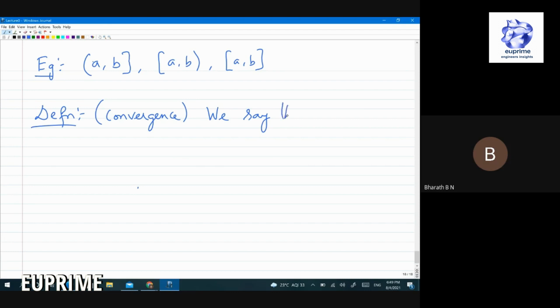We say that a sequence xn converges to x if you take any room. If for every epsilon greater than 0, so epsilon is your room size, there exists n epsilon, that is your stage, beyond which all the sequences will be done.